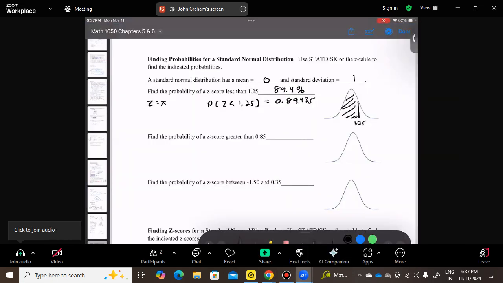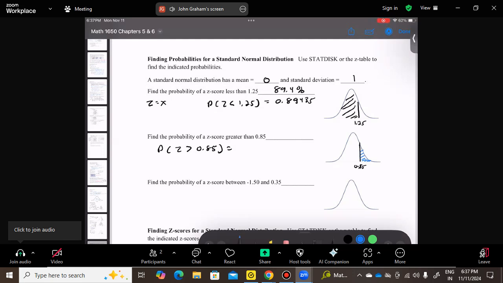Probability of z-score greater than 0.85. Probability of z greater than 0.85. This is 0.85. We are looking above, so greater than, so that's the area to the right.